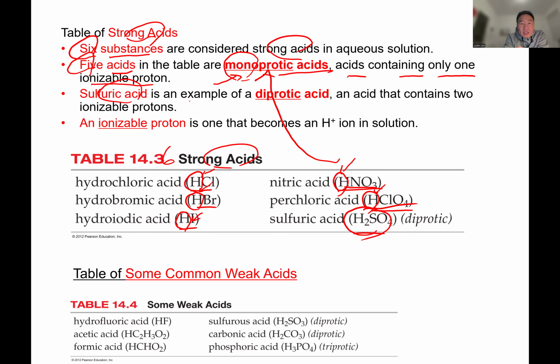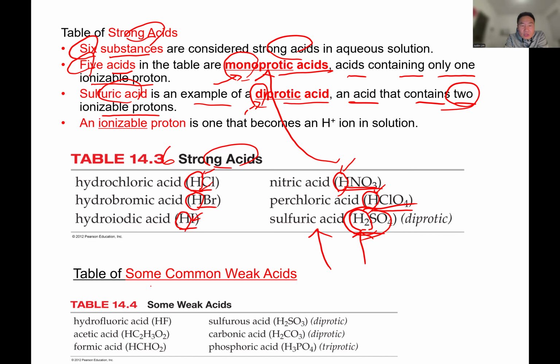And sulfuric acid is an example of a diprotic acid. What does di mean? 2. So the acid contains 2 ionizable protons. So now can you say H2SO4? There are 2 ionizable hydrogens. So what is a strong diprotic acid? You need to know sulfuric acid.